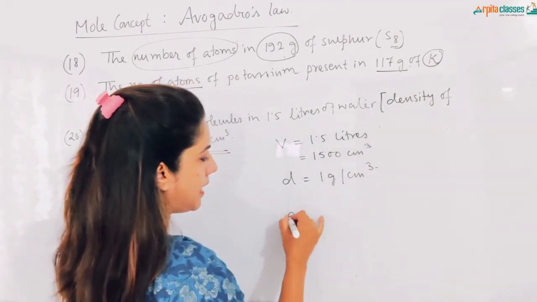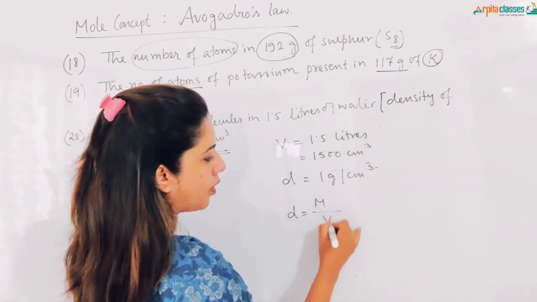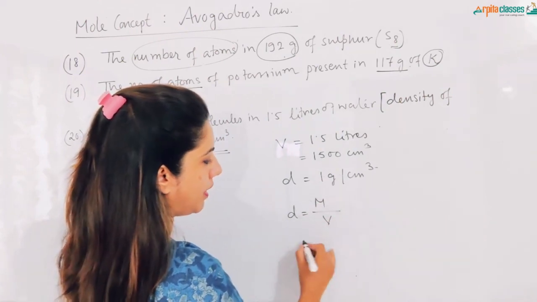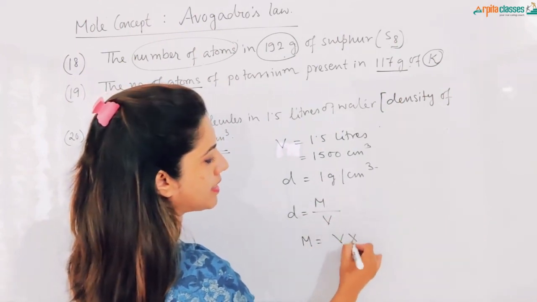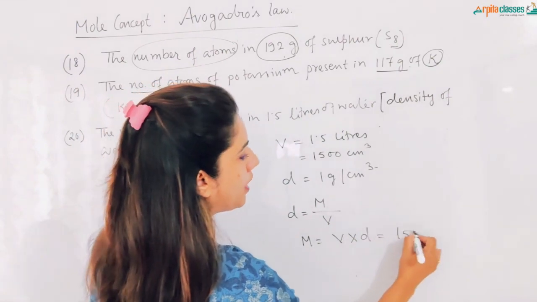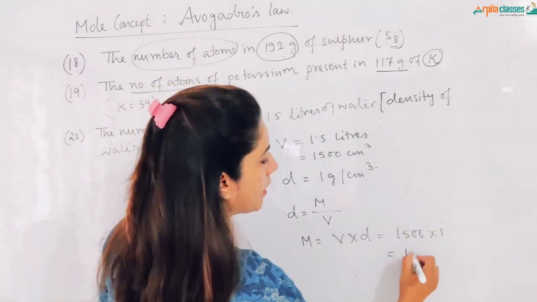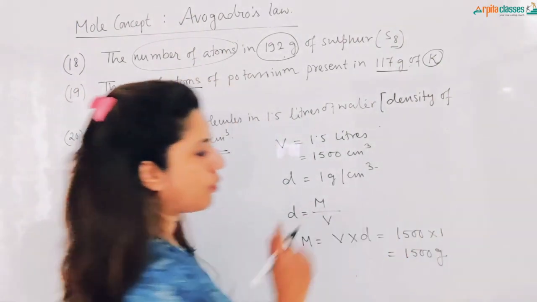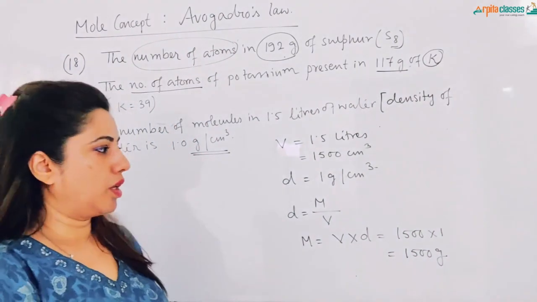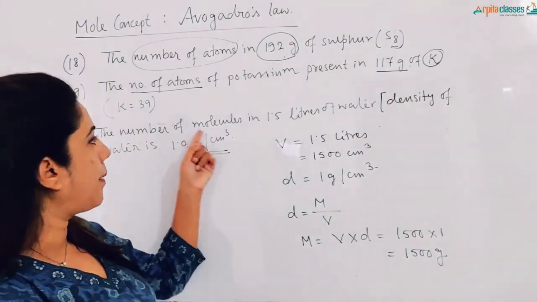So we know that density is equal to mass upon volume. So from here we'll get the mass. Mass is equal to density into volume. So 1500 into 1, that will give you 1500 gram. So we got the mass of water, right? Now we have to find out the number of molecules.